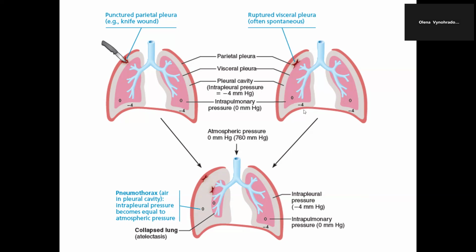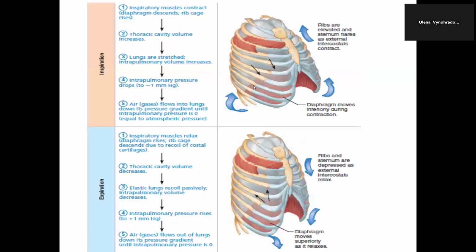It means that this pressure is less than the atmospheric pressure, which we have in our lungs, in our alveoli. If the pleura is damaged and the pressure becomes equal to the atmospheric one, the lung will collapse and will not be able to work.